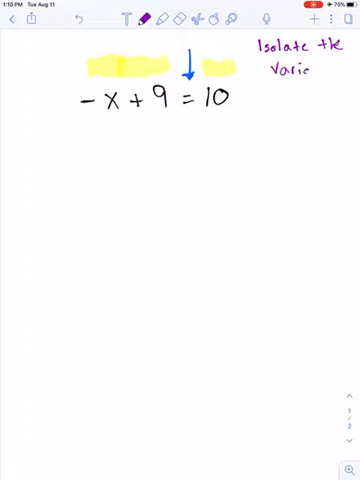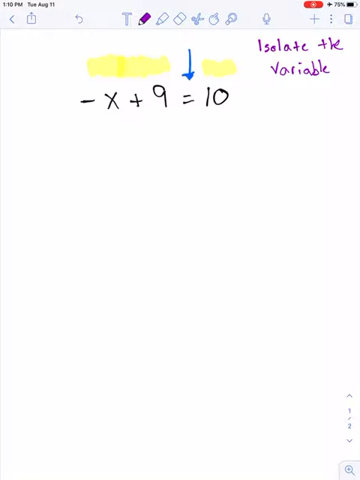And what I mean by the variable is the letter representing the number. So in this case, it's x. We are solving for x. X represents some number or numbers, depending on the type of equation we are trying to solve for. And in this case, we want to get x by itself so that it's x equals some value. And that's what we're going to work on.